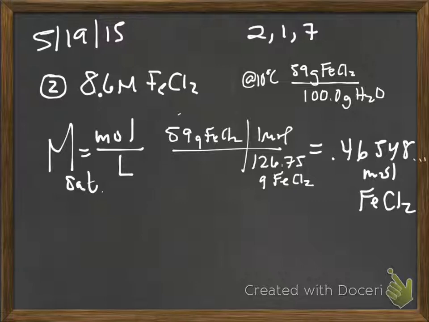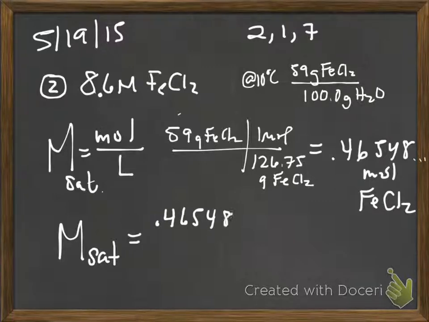Okay. So what's the molarity of that saturated solution? Well, the molarity of that saturated solution is 0.46548, on and on, moles of iron 2 chloride in how much solution?